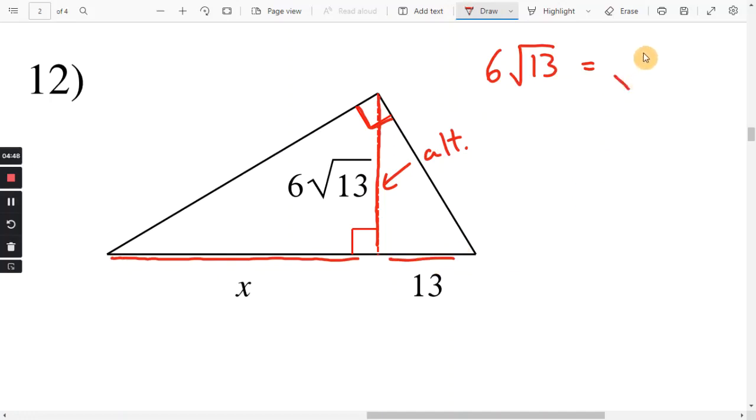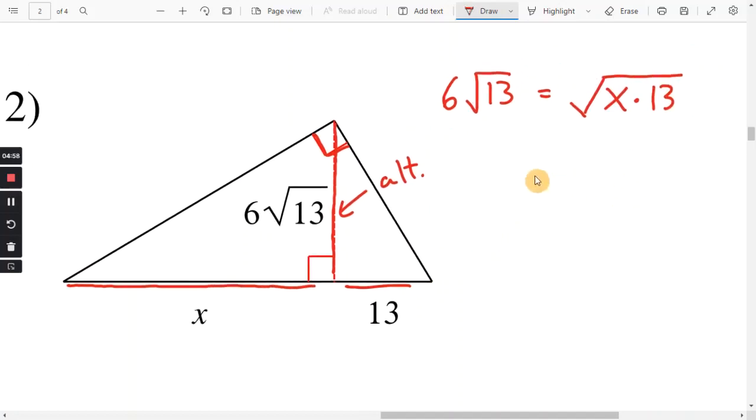So that's going to be the square root of x times 13. All right, the way to get rid of the square root on both sides is to square both sides.